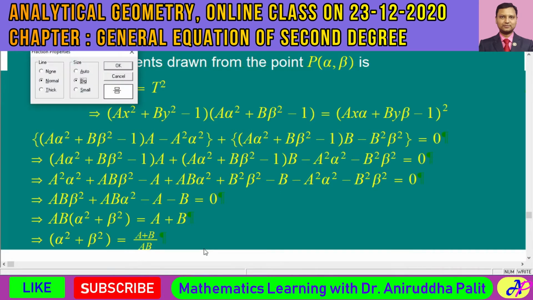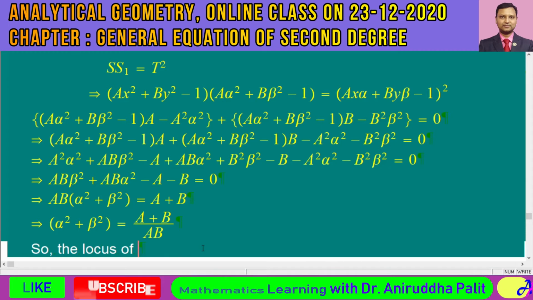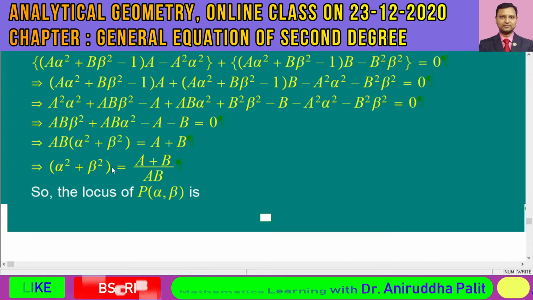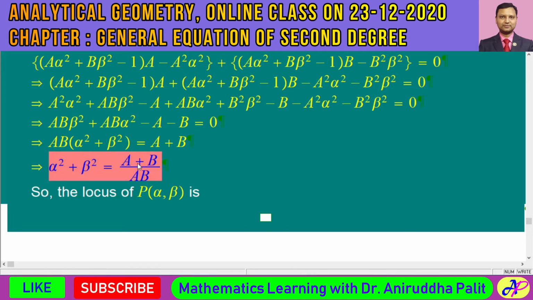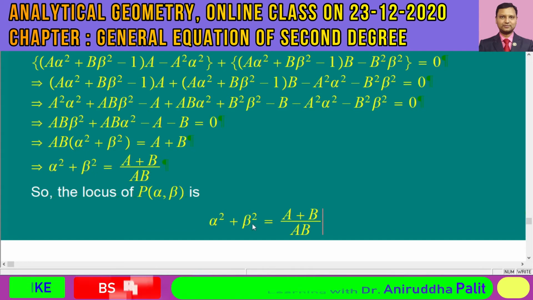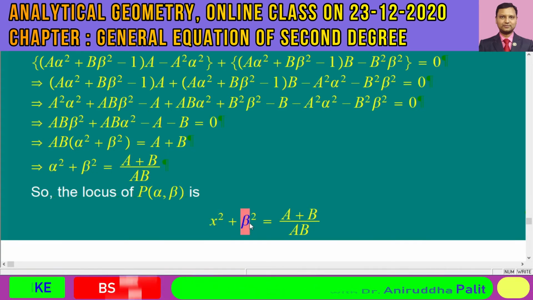If you now want to compute the locus of the point P (alpha, beta), how to find the locus? In place of alpha we have to replace x, and in place of beta we have to put y. So the locus would be this kind of expression, just putting x in place of alpha and y in place of beta.